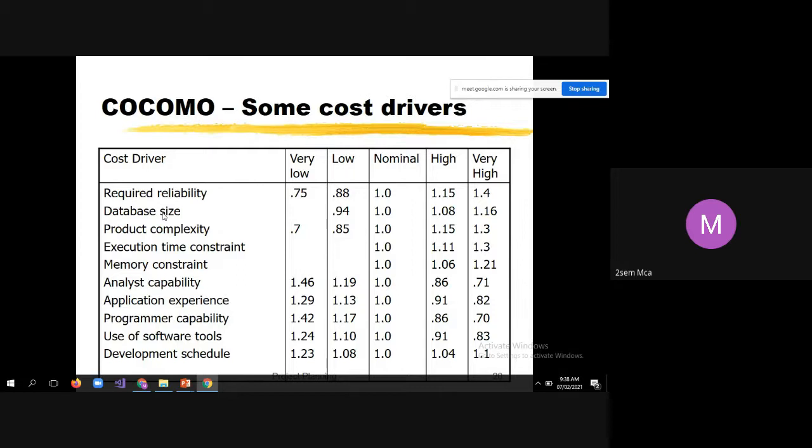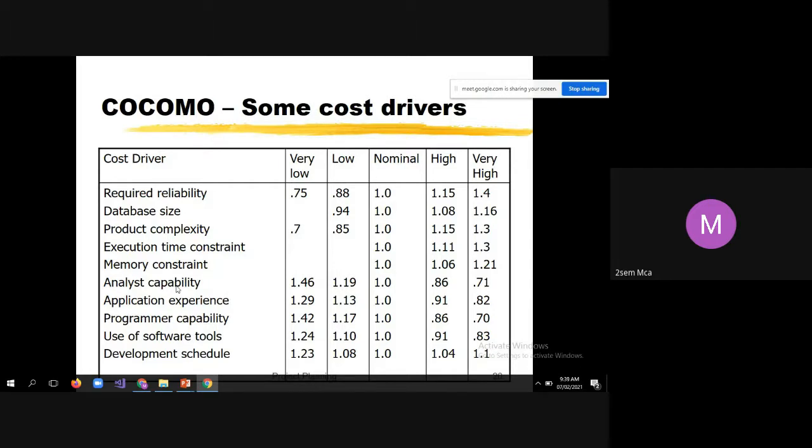For example, if you want to achieve very high reliability, then the factor value is 1.4. If you want nominal reliability, then it is 1.0. Similarly, take analyst capability.